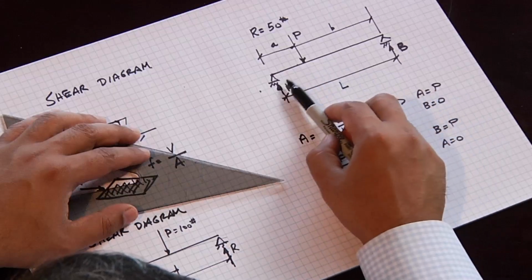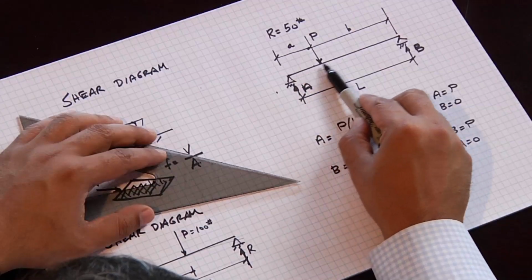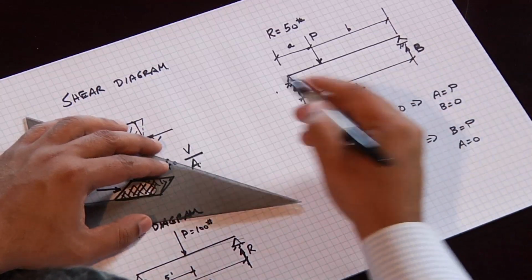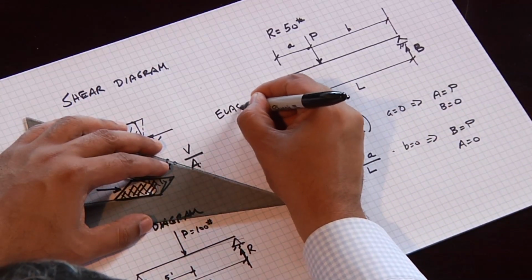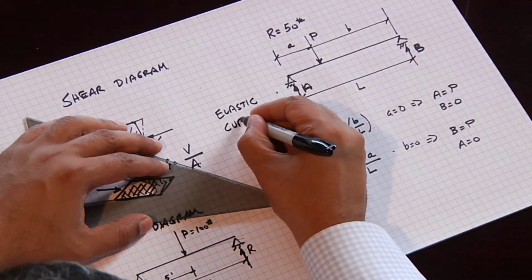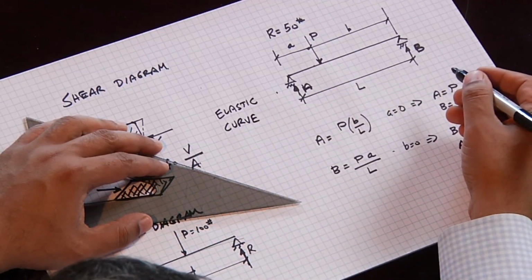The other thing that's useful in solving problems, before we even get to the shear diagram, is to look at the structure and try to imagine how it is deflecting, or what we call the elastic curve.